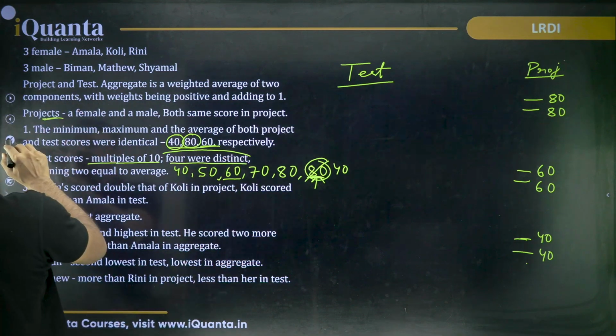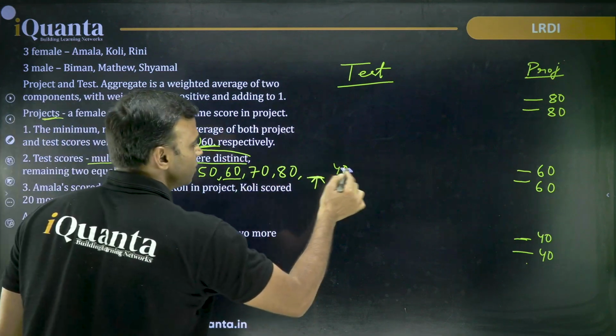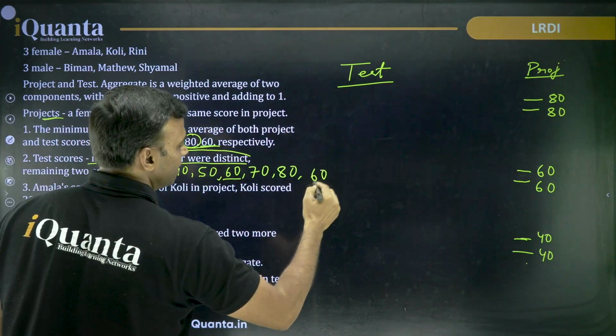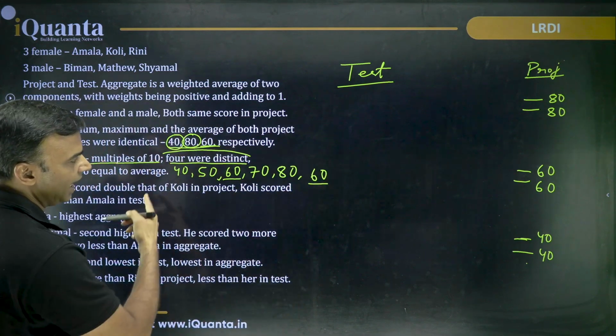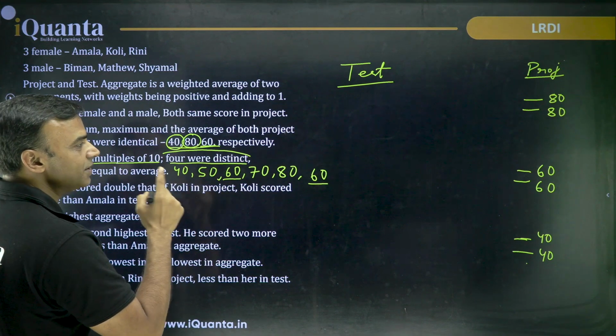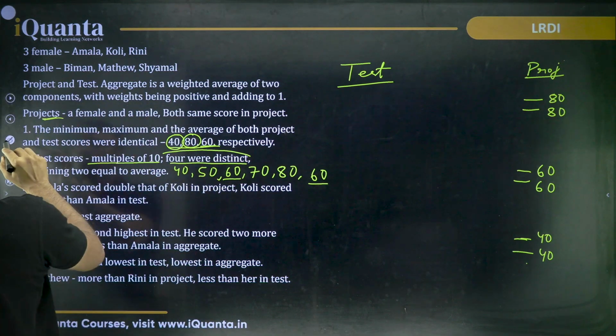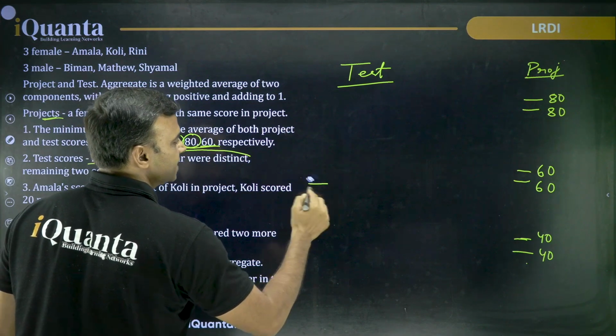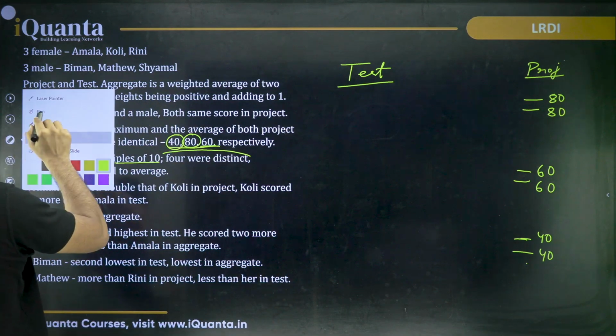Basically, if I put 60 there, then only the average is going to be 60. Check that. If I put 60 here, now we have 6 values, add them, 360, 360 divided by 6, 60. So what does that mean? The possible scores in test are 40, 50, 60, 70, 80 and 60. So 60 is going to be twice.